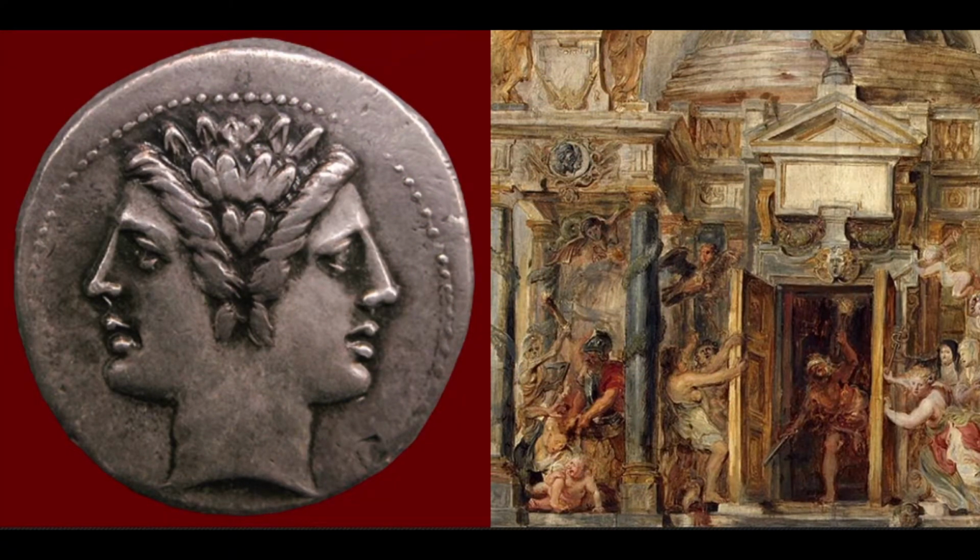On the left we have a Roman period coin showing the head of Janus. He had this double-faced head, one pointing in the opposite direction to the other. He was the god associated with beginnings and endings, and of boundaries, and ultimately of wisdom.